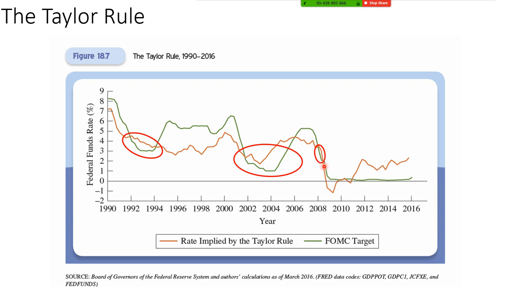Okay, so remember, the federal funds rate target being lower than what the Taylor rule would have predicted means that the Fed was actually trying to inject money into the economy at a rate that's higher than what the Taylor rule would have predicted, or monetary policy is actually looser than what the Taylor rule would have predicted.